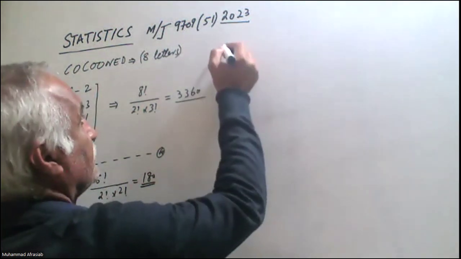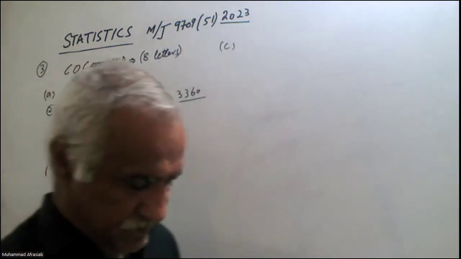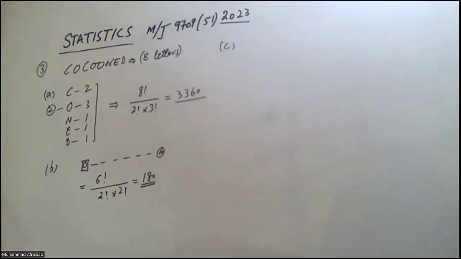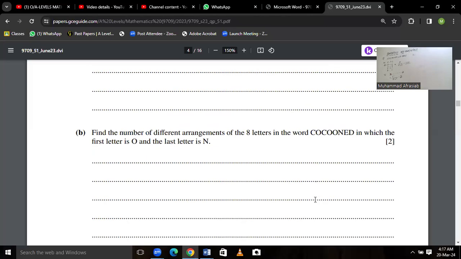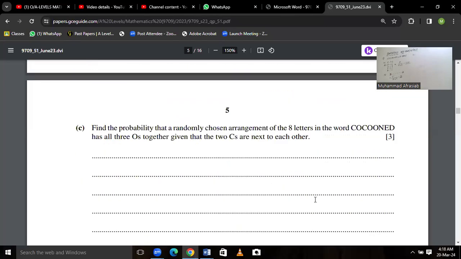Now the part C of this topic. Find the probability that a randomly chosen arrangement of these 8-letter words in the word coconut has all 3 O's together, given that 2 C's are next to each other.